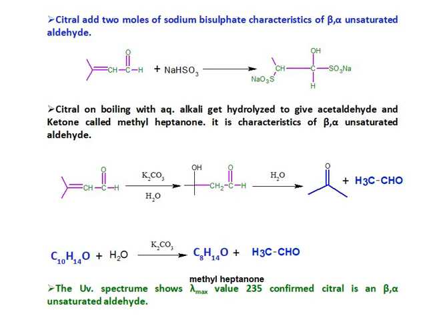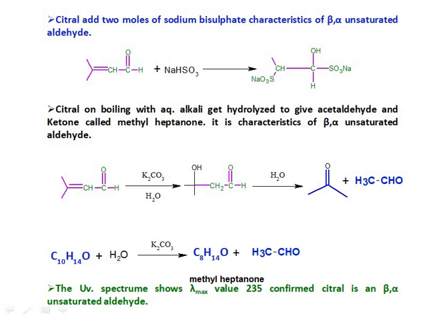Next, some reactions can also be done on citral. The presence of the methyl and isopropyl groups can be confirmed by using these reactions. In the first reaction, citral adds 2 moles of sodium bisulfite, right?